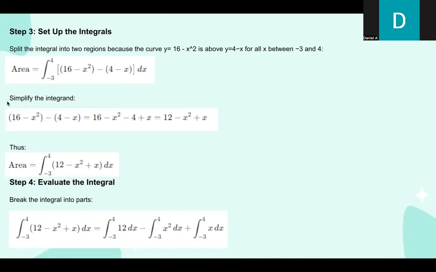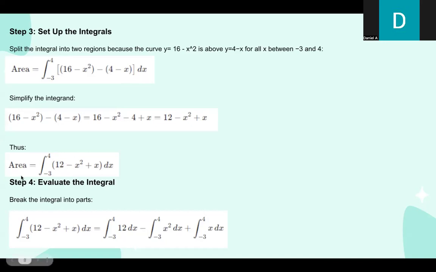If we simplify the integrand, you get 16 minus x squared minus 4 plus x, which equals 12 minus x squared plus x. Thus, the area equals the integral from negative 3 to 4 of 12 minus x squared plus x dx.